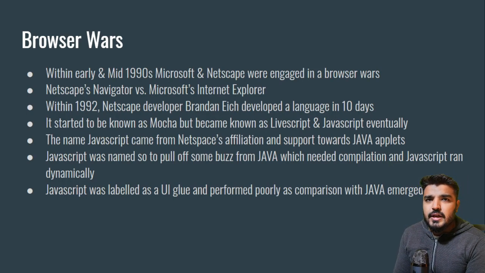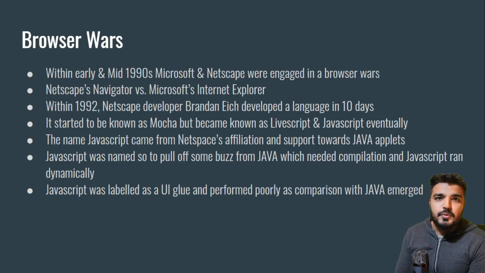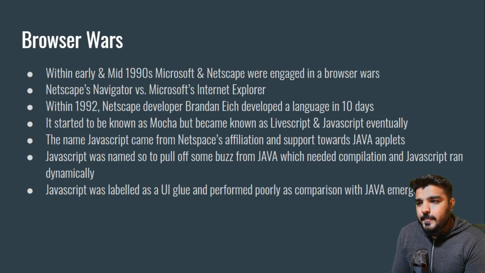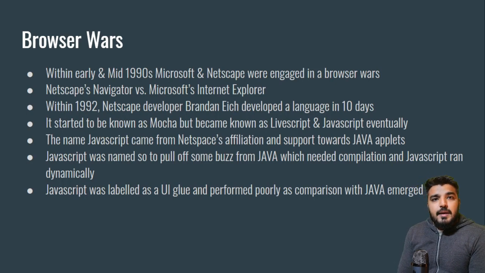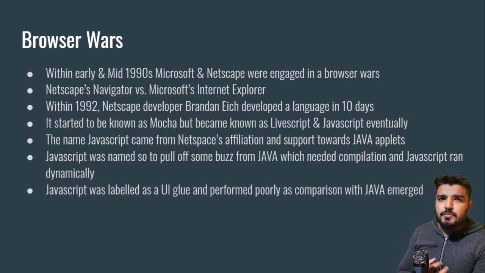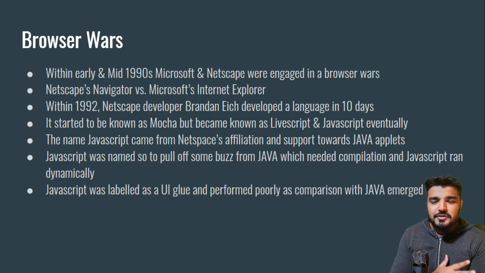We'll actually explore that within our last week when we work on objects. What happened is that Netscape actually renamed LiveScript to JavaScript because Java was very popular back in the 1990s, and they thought they could pull off some steam, pull off that fame from Java, and get a buzz started. So that is exactly what happened.